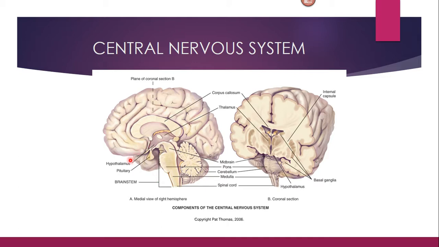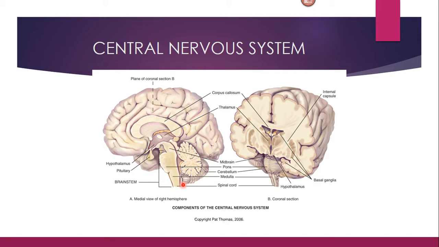Let's try it. Okay, so we talked about our hypothalamus, which is right here, and our thalamus. The pituitary gland is hanging off the edge right here. You see our brainstem, and then we talked about how we had the midbrain, the pons, and the medulla, and then here's where our spinal cord starts. You can see this is a slice in lateral view.